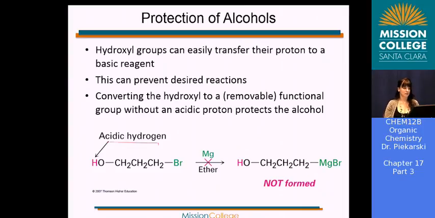Because remember, the limitation to a Grignard is that Grignard reagents react with acidic protons or hydrogens. That's a problem, right?